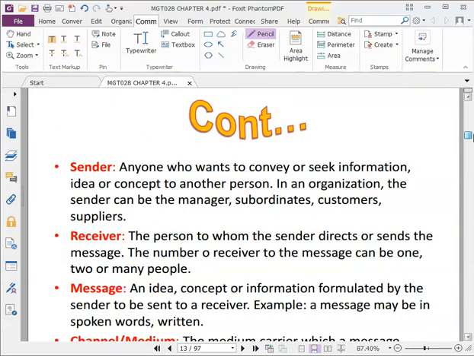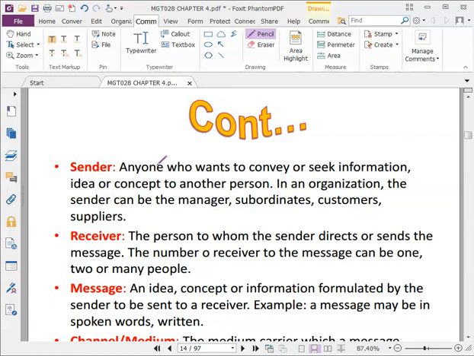So next kita tengok apa maksud dia. Tadi saya dah terangkan kepada you as for general, right? So sender is the person who wants to convey or seek information, idea or concept to another person. Okay, in an organization, the sender can be the manager, subordinates, customers, or suppliers. Itu contoh dia.